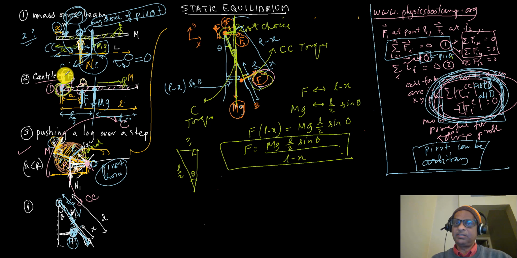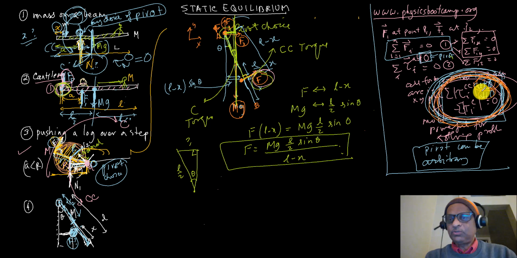But I hope you got the strategy clear, because my message to you is to focus on this equation and choosing the pivot, and you should be able to address a whole bunch of static equilibrium problems.